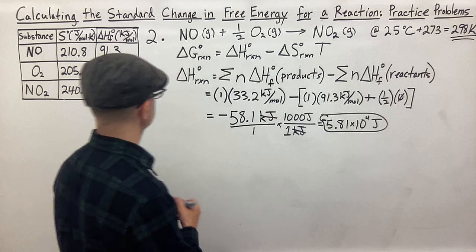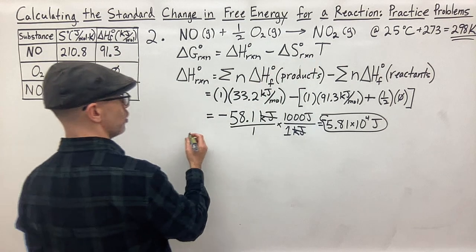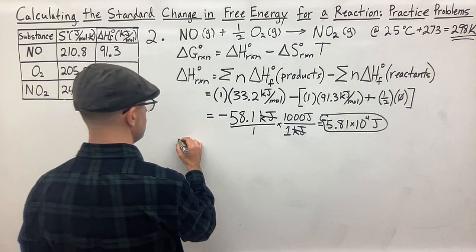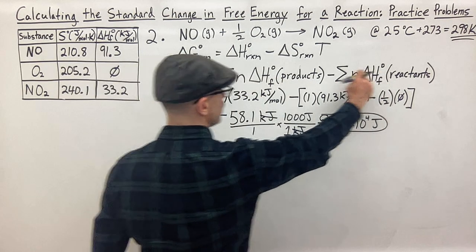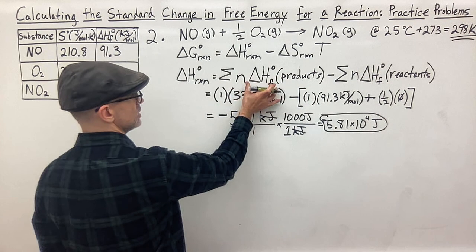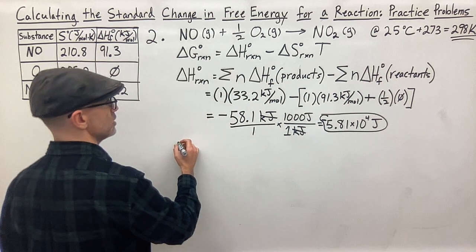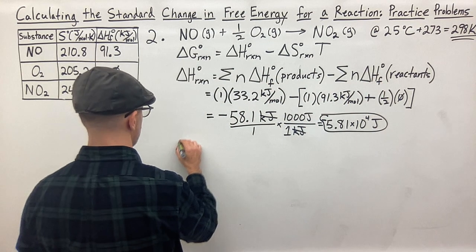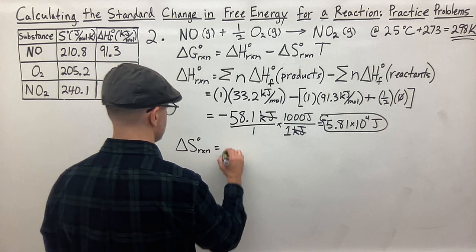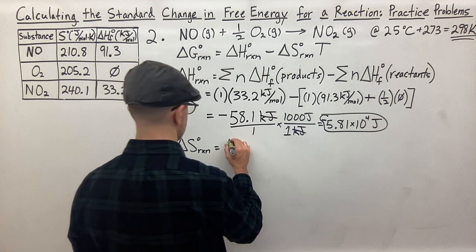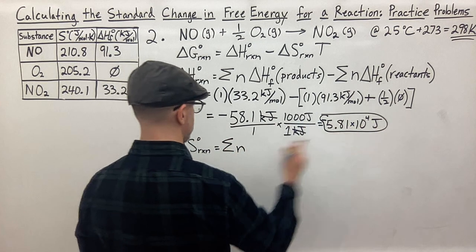All right, next is finding our standard entropy of a reaction. So the change in the standard entropy of a reaction is basically an identical equation. The only difference is instead of delta H's, we have standard entropies that we are going to be using. So the standard entropy of a reaction is equal to the sum of the products minus the reactants.